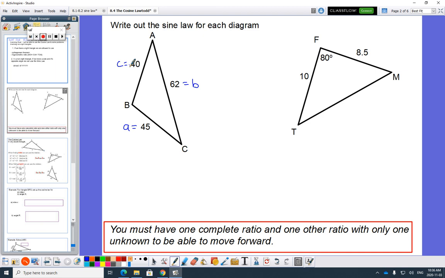So I'm going to put the angle at the top, but it doesn't matter, okay? Can we use the sine law to solve for any of the angles? No, we don't have a complete ratio.